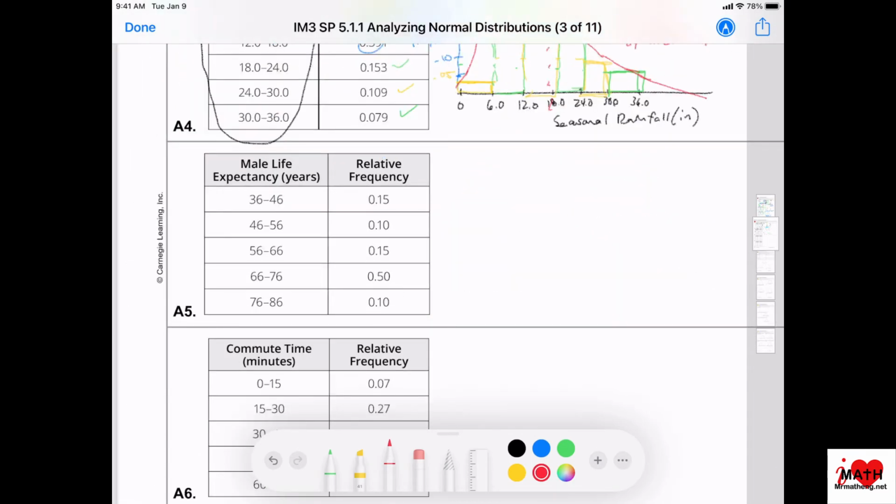All right, let's go ahead and try now A5. Male life expectancy is on the x-axis, the horizontal, so I'm going to write that title down there. Male life, how long we expect males to live, which is measured in the units, years. And so I have 36, 46, looks like they're just counting by tens.